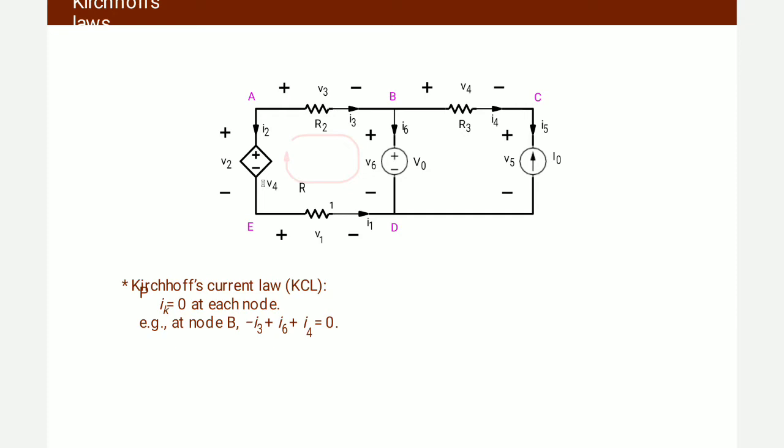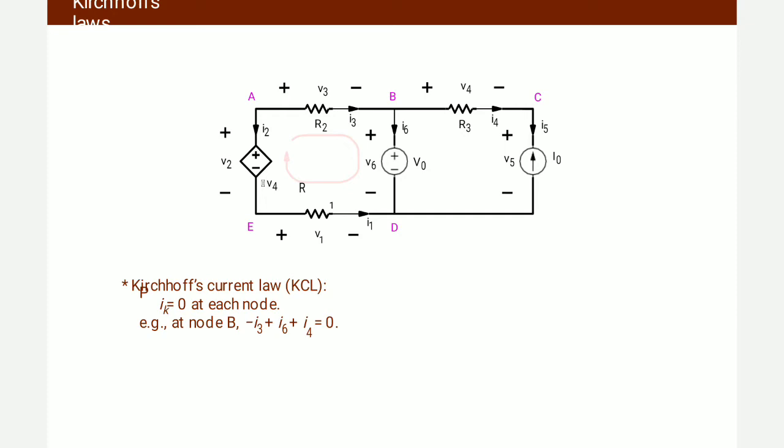At node B the current I3 is entering, and I6 is leaving and I4 is leaving. So in this circuit, the entering current notation is minus and leaving currents are plus.